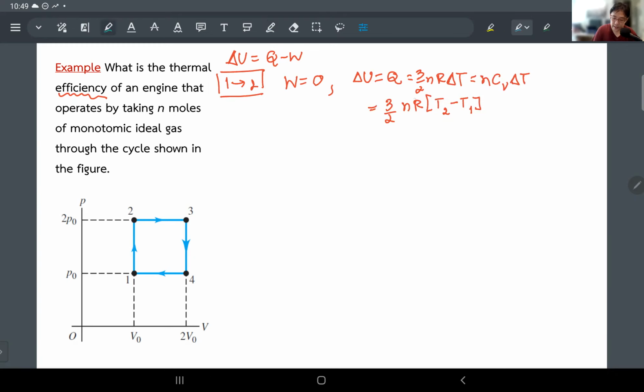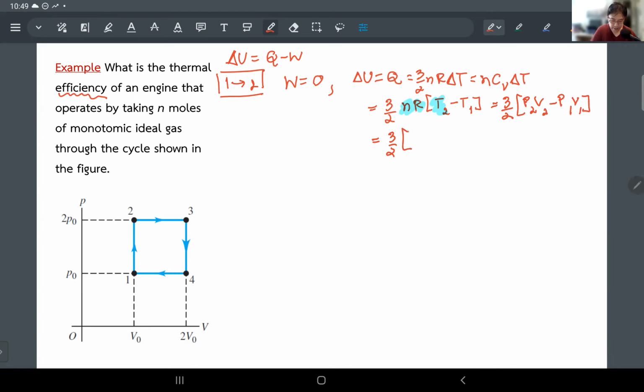Because nRT, according to the equation of state, is just the product of pressure and volume. Just keep going. It's going to be 3/2 (P2V2 minus P1V1). So far so good? And that's it. Just read off from the scale in the PV diagram.